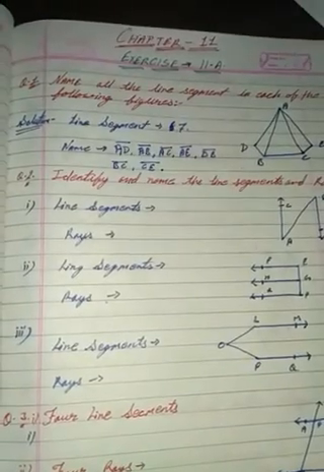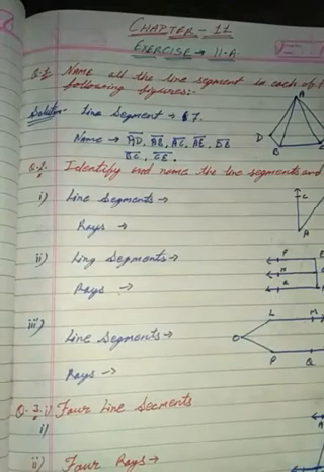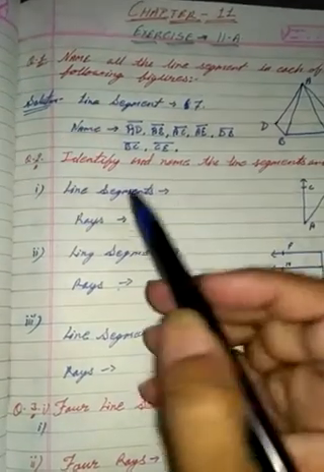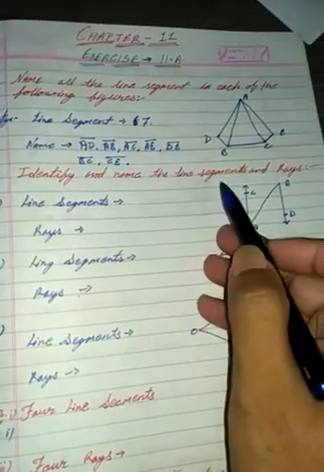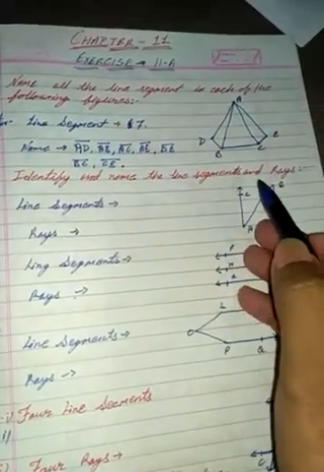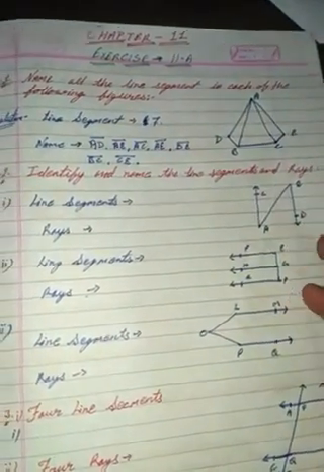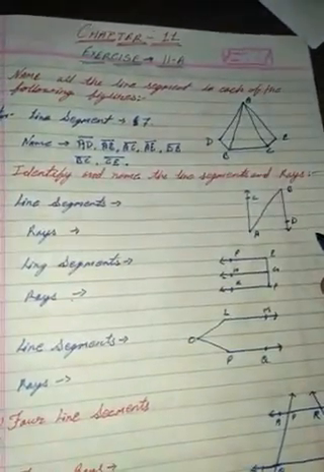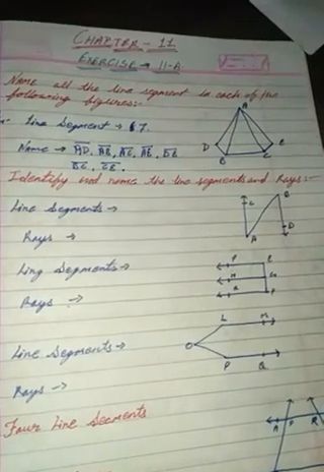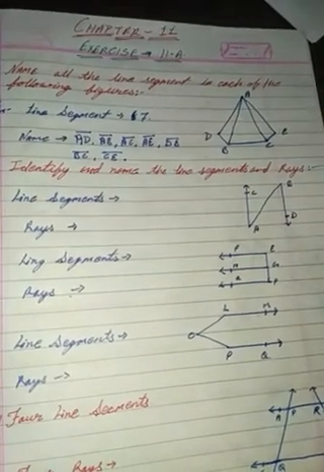Now our question number first is completed. Now we take question number second. Identify and name the line segments and rays. Now the first part, the figure is given. First we find out the line segments.